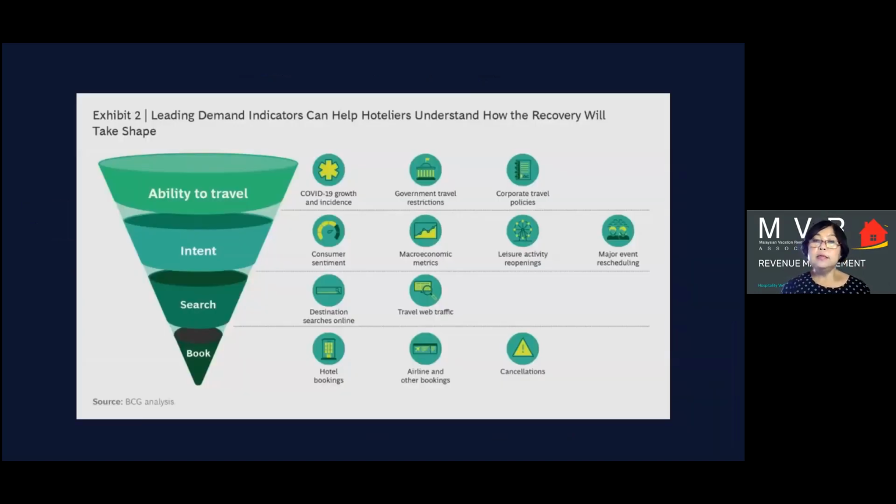Now, leading to demand, you have to look at the post-COVID situation. So do they have the ability to travel first? Because governments have a lot of travel restrictions, and corporate travel has now come with policies. I have been doing a lot of corporate travel bidding, and last time I had to bid through a consortium and their travel desk platform.